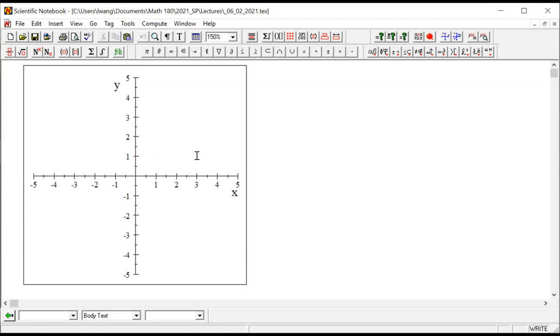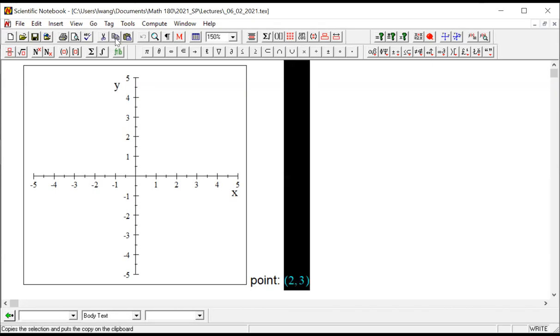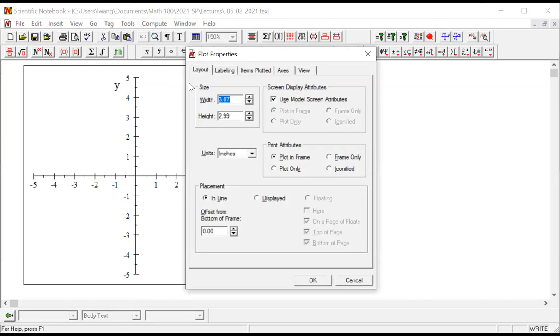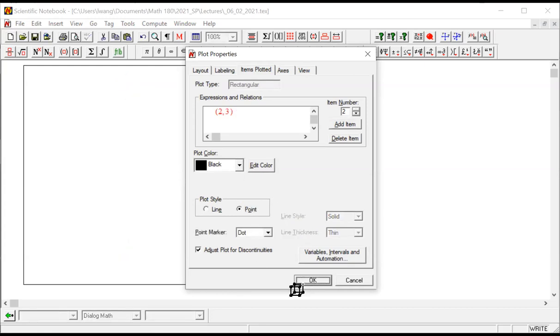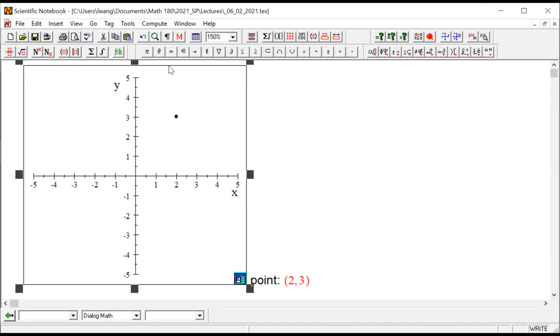All the points, for example, a point, say 2, 3, right? This pair we call ordered pair will have a spot in the rectangular system. Okay, it's a dot. And the dot is marked as, I'm sorry, 2, 3.